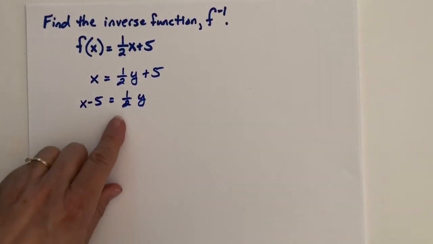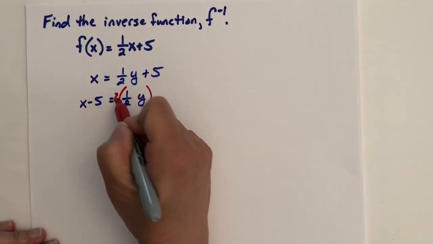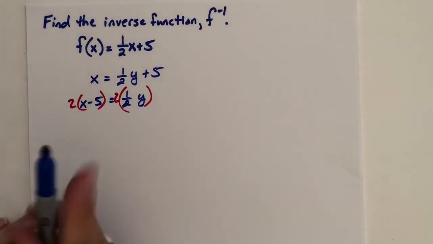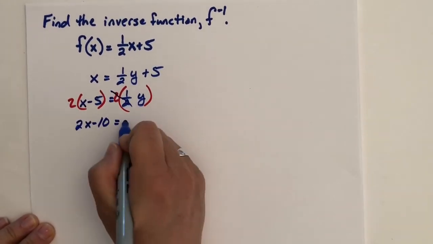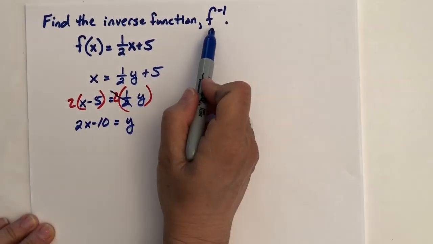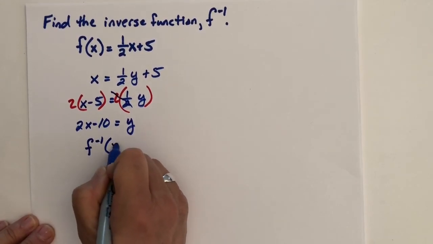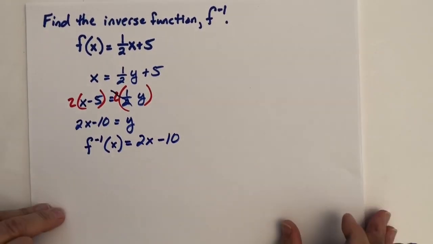And remember, now we need to multiply by 2. We'll multiply by 2 on both sides. So we have 2x minus 10 equals, and our 2's cancel, and we have y. And again, we're going to use our function notation to answer the question. So f inverse of x equals 2x minus 10. Let's do another one.